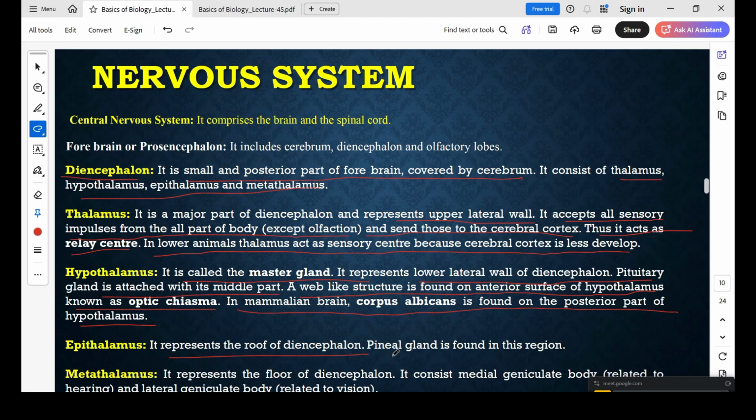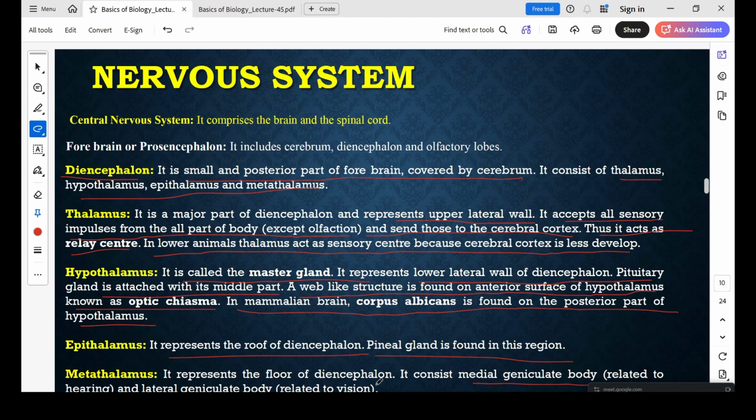Epithalamus represents the roof of the diencephalon. The pineal gland is found in this region. Metathalamus represents the floor of the diencephalon, and it consists of a medial geniculate body related to hearing and a lateral geniculate body related to vision.